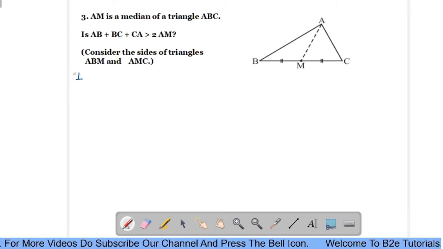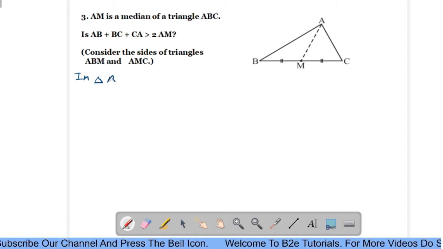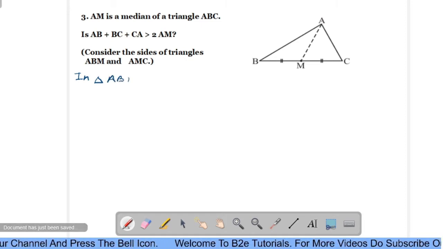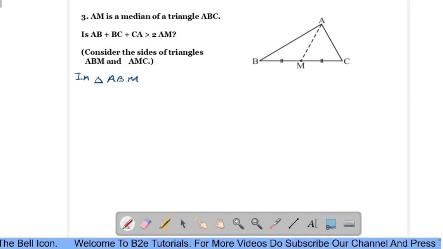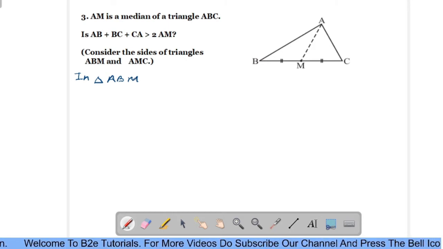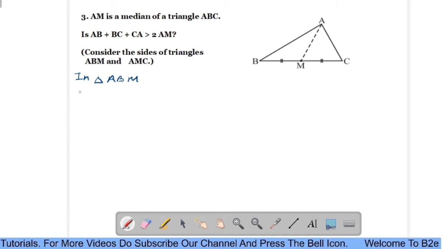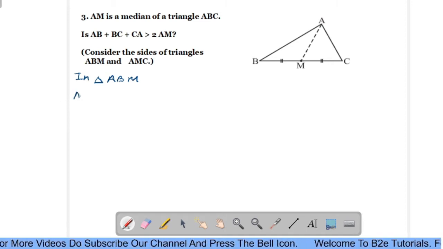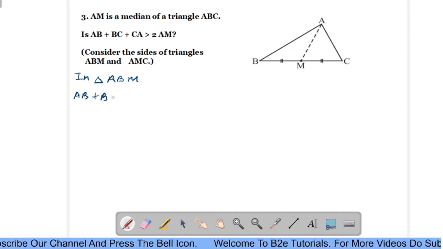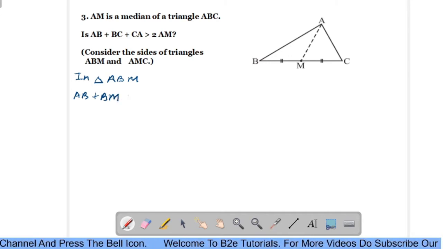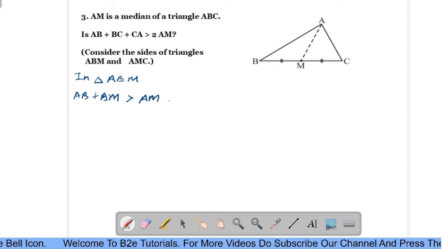Here in triangle ABM, use the property of a triangle, that is, the sum of any two sides of a triangle is greater than the third side. Therefore, we can say that AB plus BM is greater than AM. This is your first equation.